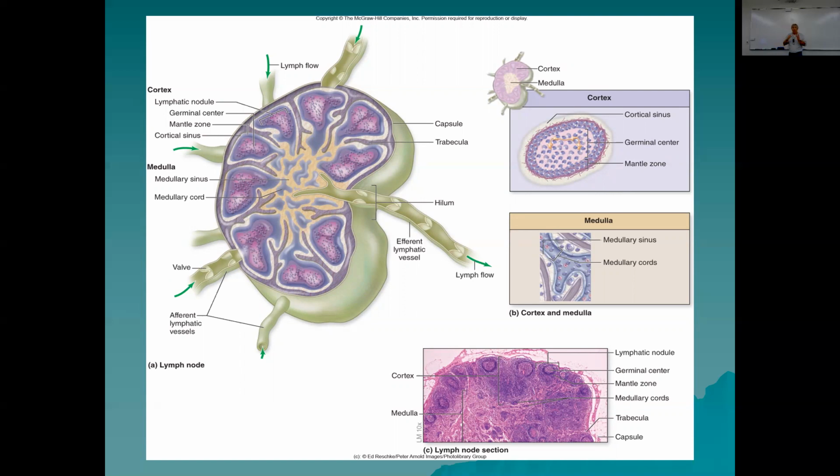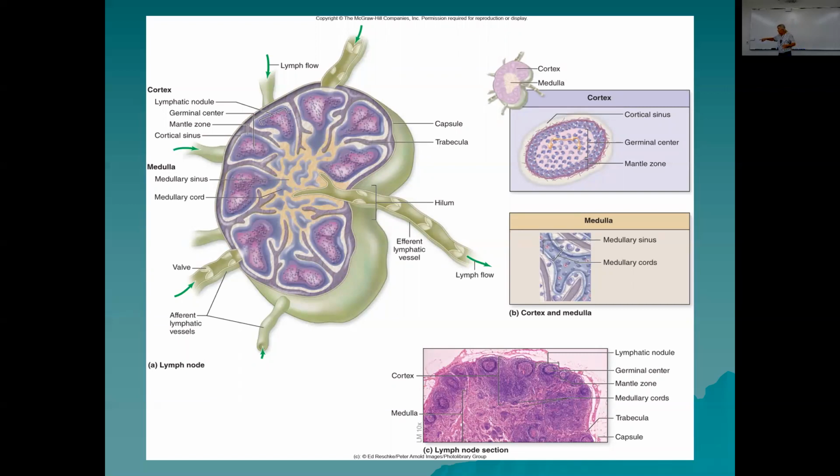Things flow in one direction, and once they go through a valve, they can't backflow. Then, as you see, the lymph will percolate down through the lymph node, and there's a bunch of white blood cells hanging around there, just waiting for some kind of foreign body to come by.